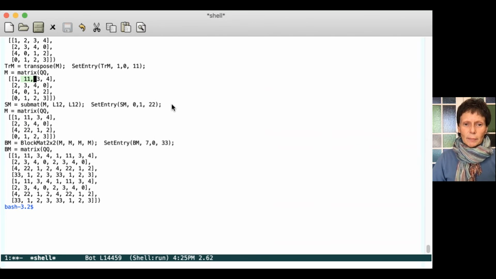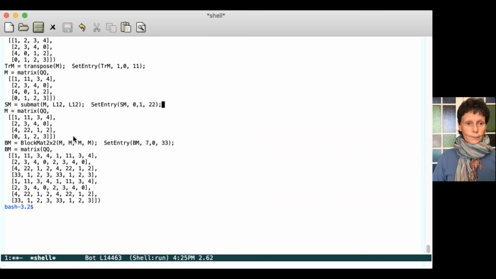And this is the submatrix, and again I substitute something in this submatrix with the row 1, 2 and column 1, 2. So is this one. So the entry 0, 1, now I'm getting confused, is set to 22.